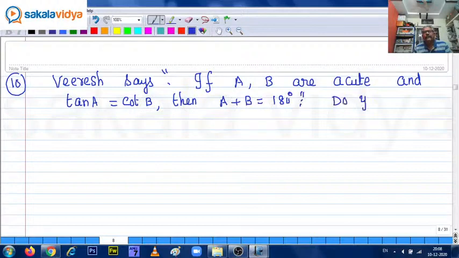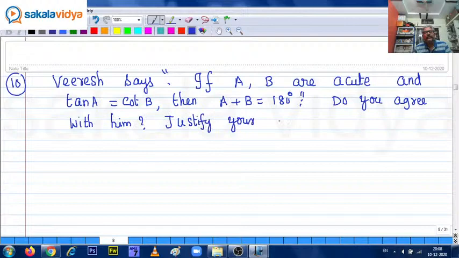Do you agree with him? Justify your answer. This type of question may be asked in the examination.